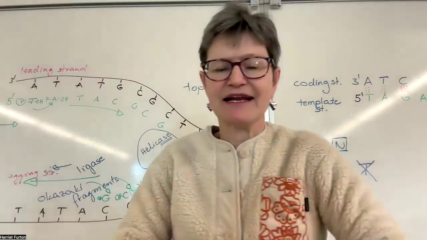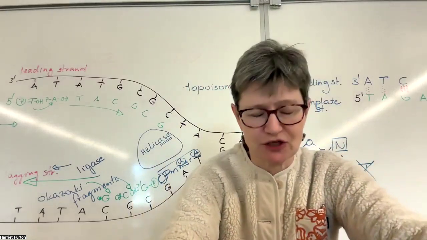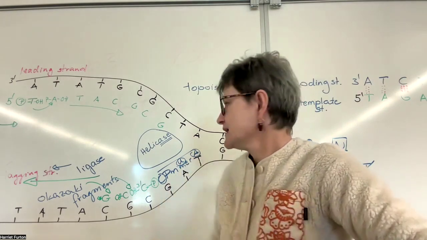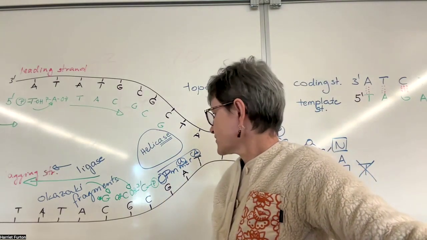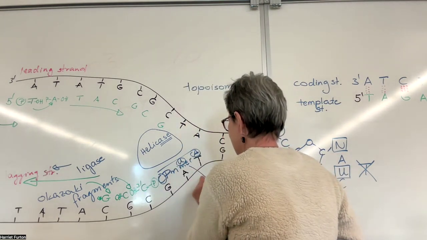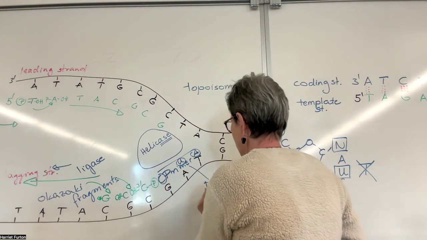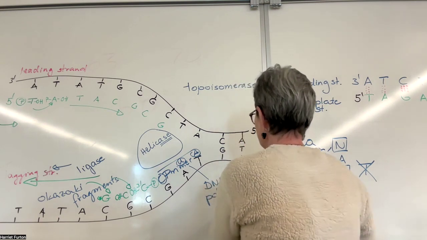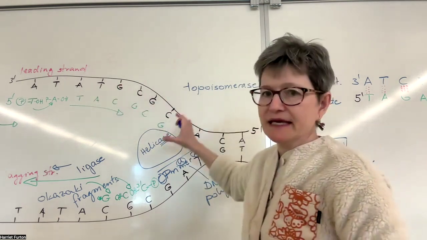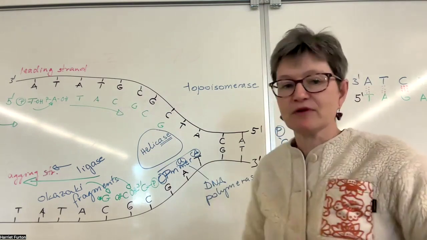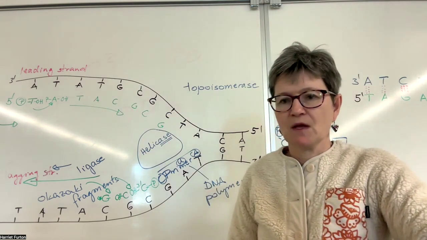The lagging strand, too much going on. I totally understand. So we are good, and the primer is changed by DNA polymerase 1. The whole easy job. So this is by DNA polymerase 3.